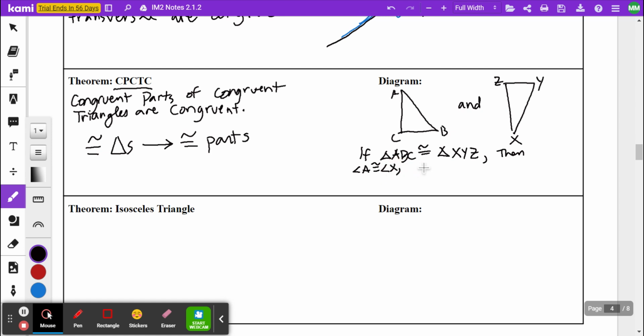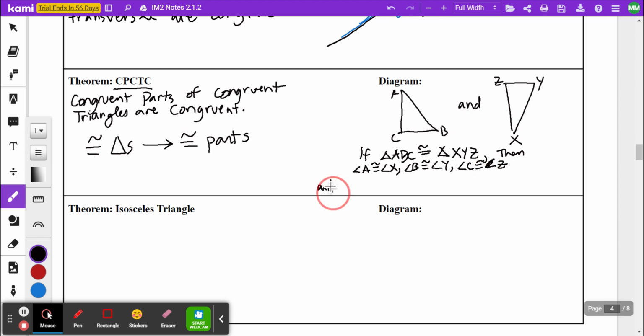I'm matching up the sequence. Angle B and angle Y are congruent. And angle C and angle Z are congruent.